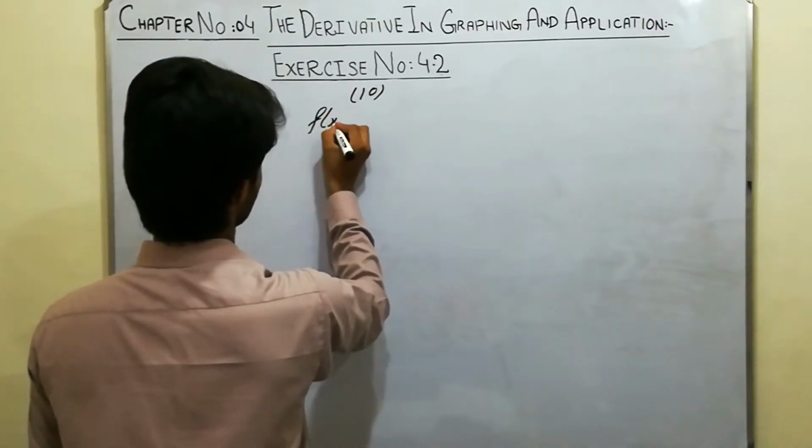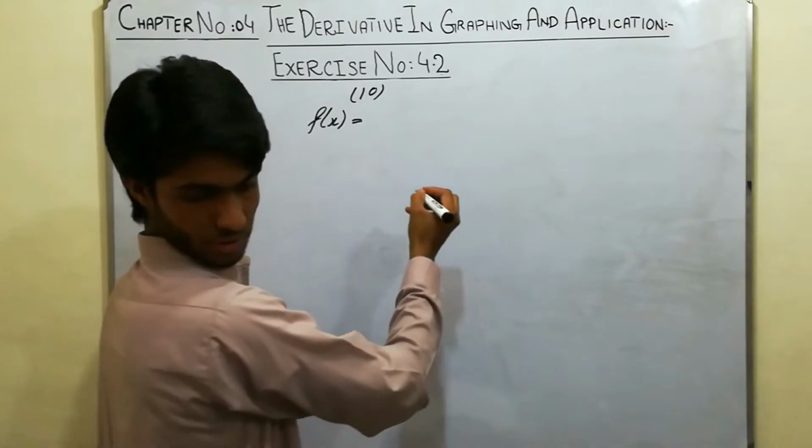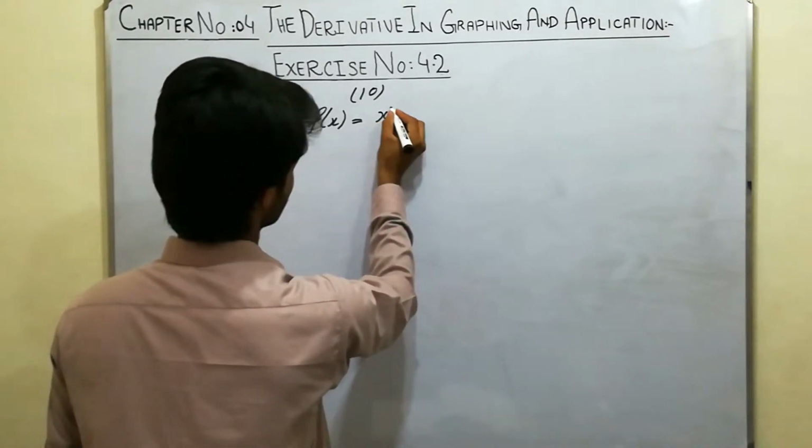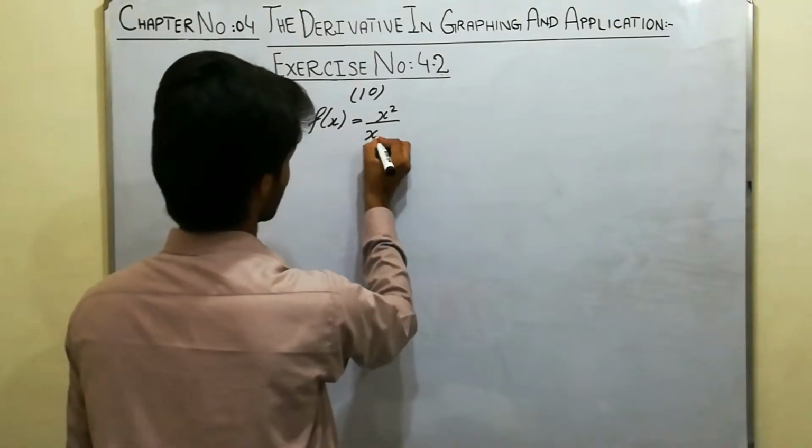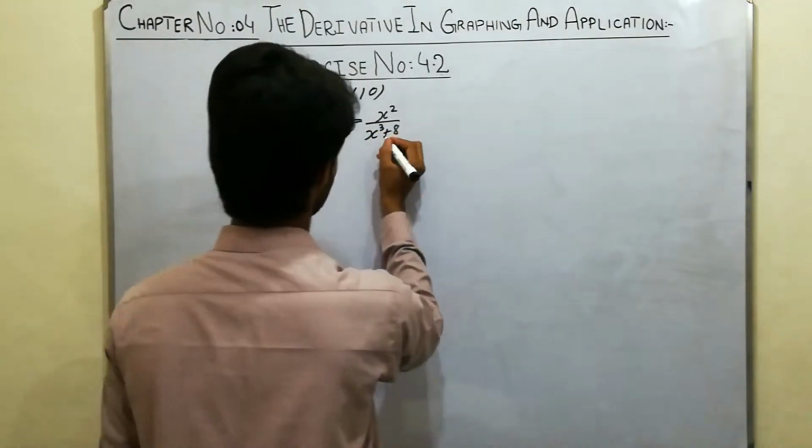f of x is equal to x square divided by x cube plus 8.